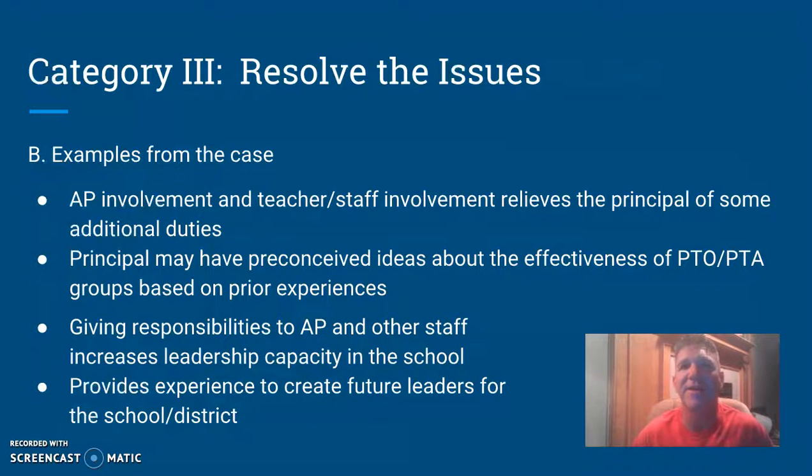This could be based on his past experiences. By giving responsibilities to the assistant principal and other staff, this increases the leadership capacity of the school, promotes experience to those involved staff members, and creates future leaders for the school in this district.